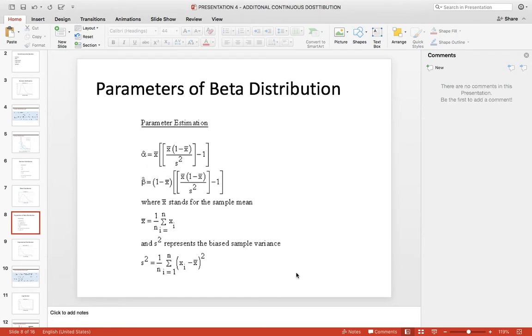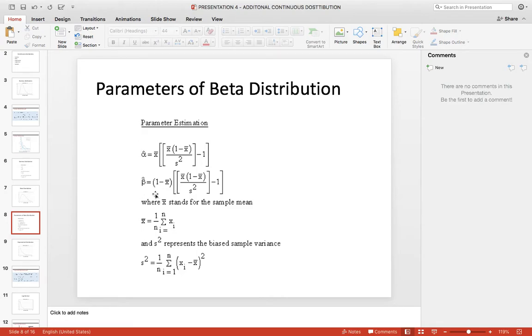So the beta distribution also has two parameters, alpha and beta. And please see how the parameters are calculated. X bar, which is the mean, into 1 minus X bar. Since all the values are going to be less than 1, the mean will also be less than 1. So it will be X bar into 1 minus X bar, the whole thing over the standard deviation squared, minus 1. That gives you the parameter alpha.